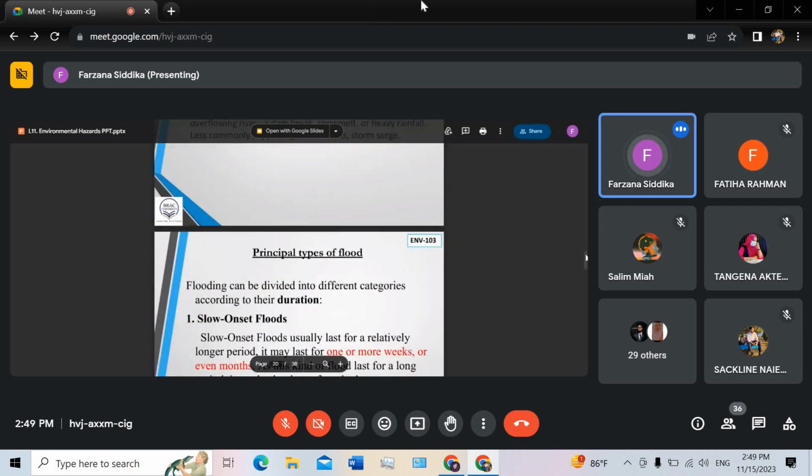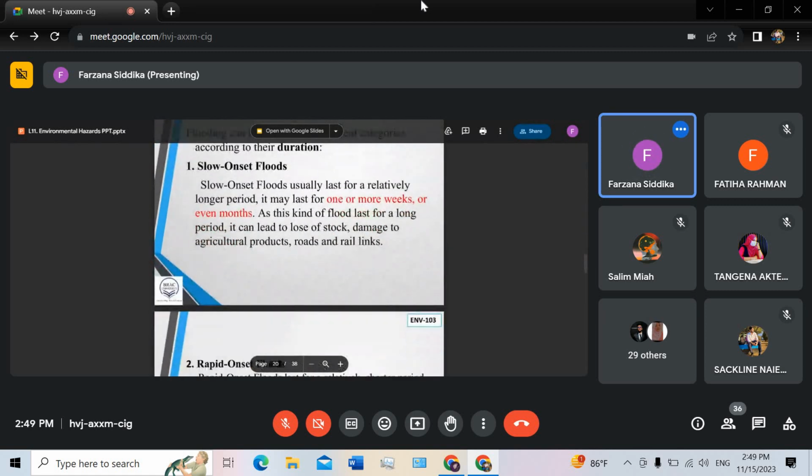So, principal types of flood. Flood can be classified based on different indicators, for example, duration. Based on the duration, flood can be divided into two: slow onset flood and rapid onset flood. Slow onset flood really takes so many days, or a couple of months, to start.